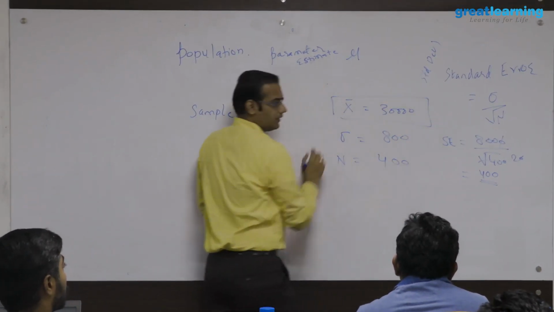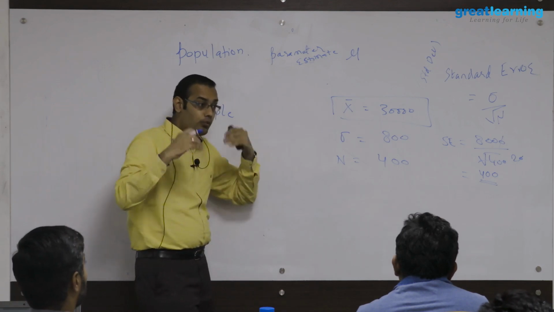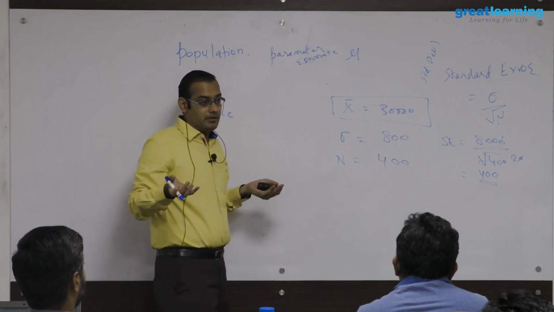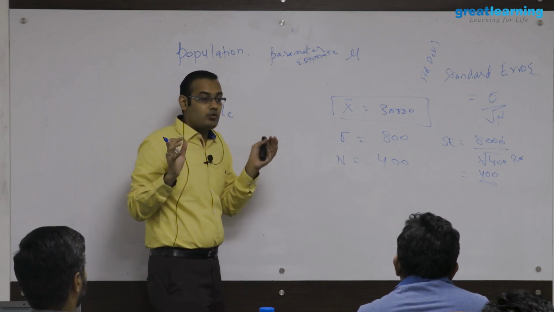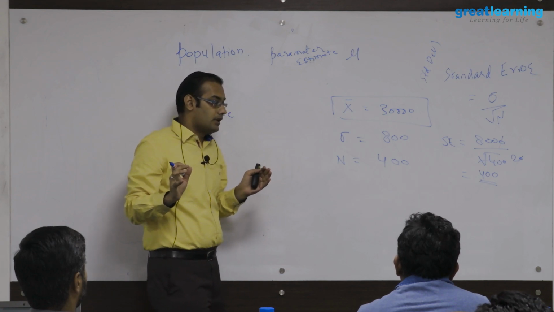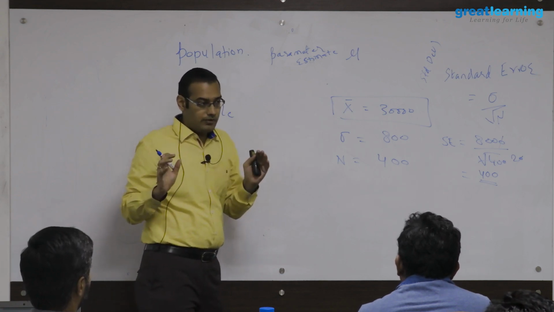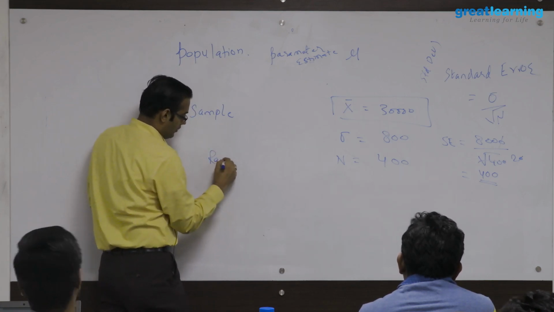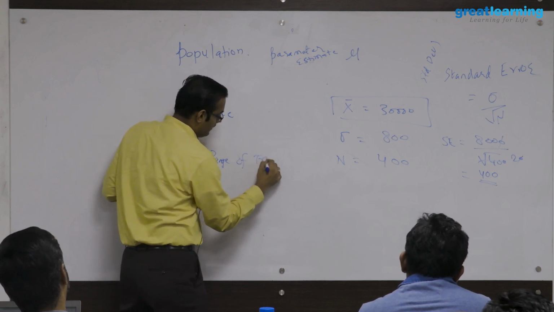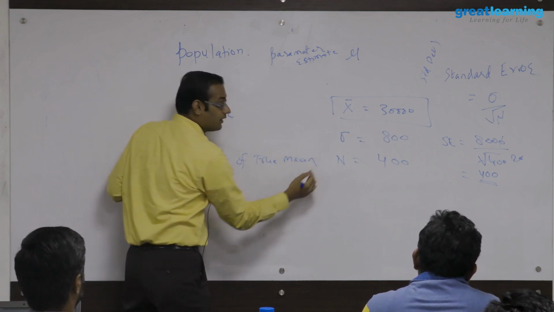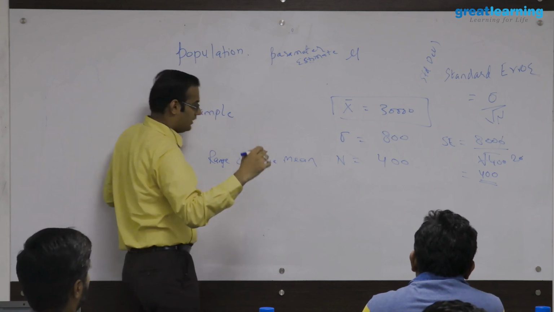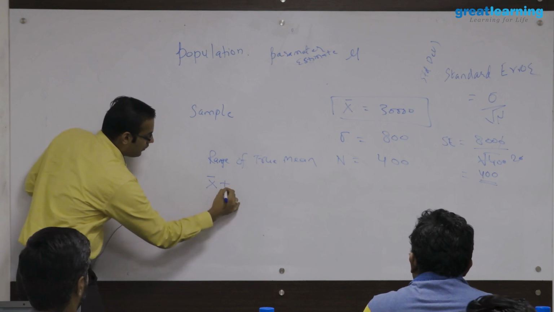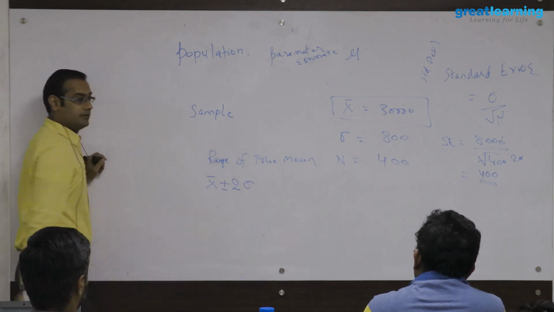For this sample the mean came as 30,000. At a 95% confidence, what would be the range in which the true mean would exist? The range of the true mean will be x bar plus or minus 2 standard errors.